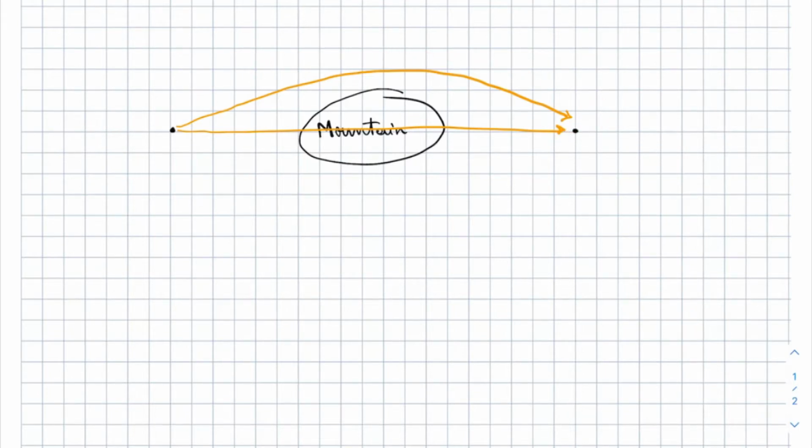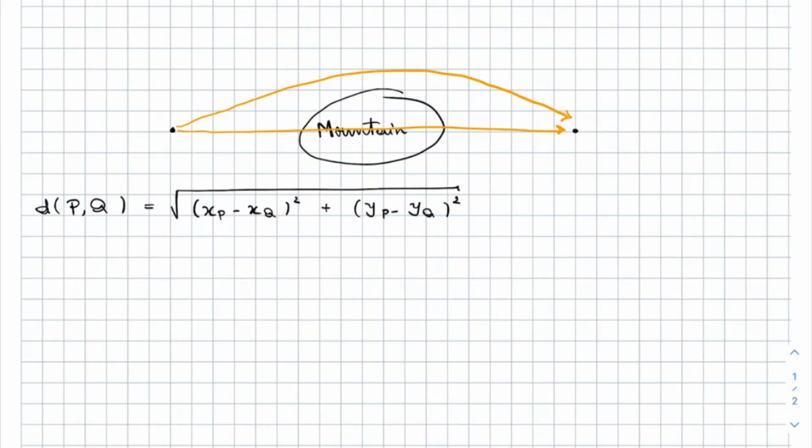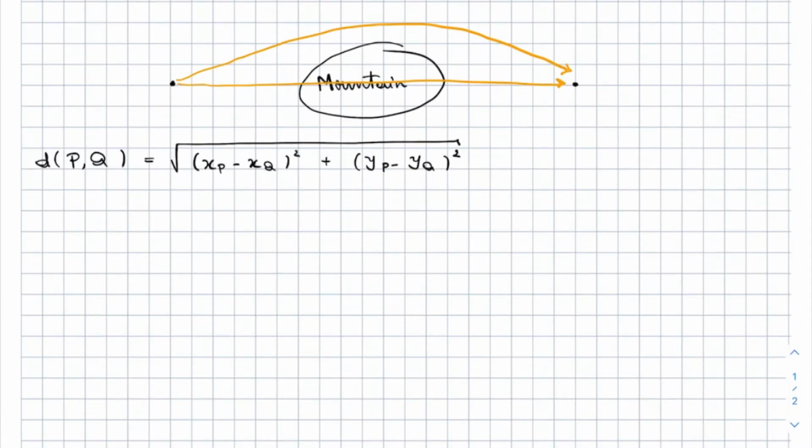Now, in the example of the metric on the plane we defined in the first lecture, where the distance between 2 points P and Q with coordinates xp, yp, xq, yq is given by the square root of (xp minus xq) squared plus (yp minus yq) squared, we said that this number is exactly the length of the segment connecting P and Q.